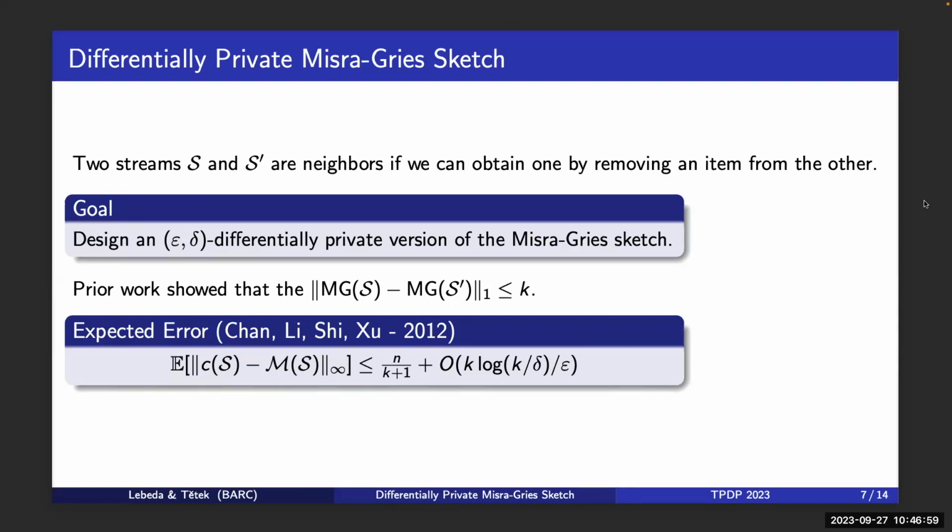So what you could do is take their work and replace their version of the sketch with ours, and then you would just get this improvement in k again. You would end up having to compute multiple sketches.